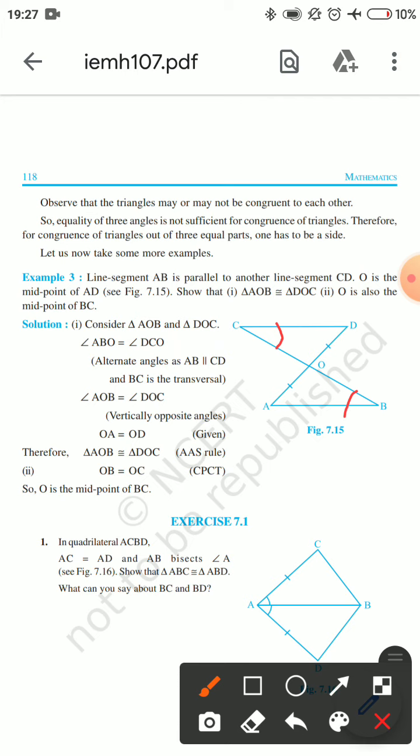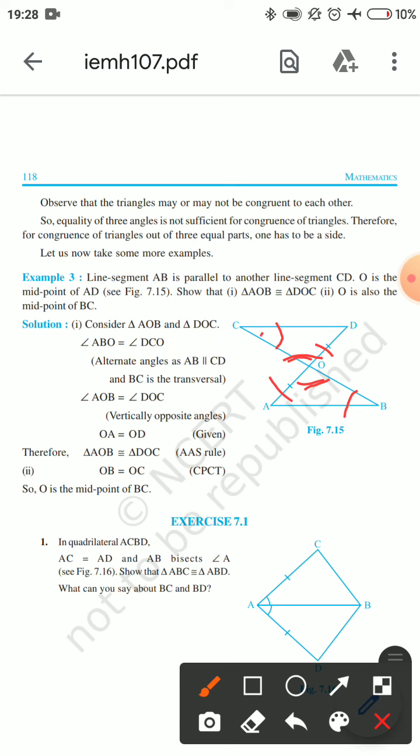This line CD is parallel to AB, and a transversal, that is BC, is intersecting these two parallel lines, then the alternate interior angles will be equal. Another thing here you can see is angle COD, this angle is equal to angle BOA, right? Vertically opposite angles are also equal, and we are given that side OA is equal to side OD. These two sides are given equal.